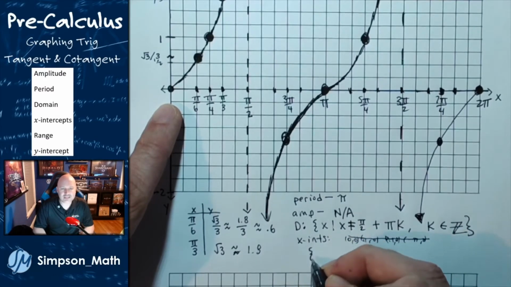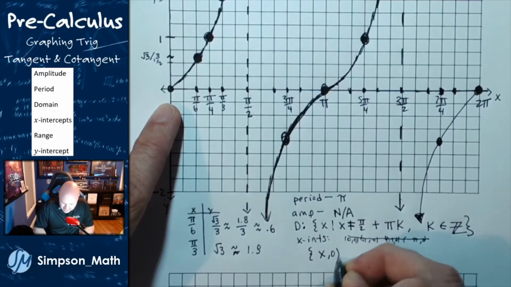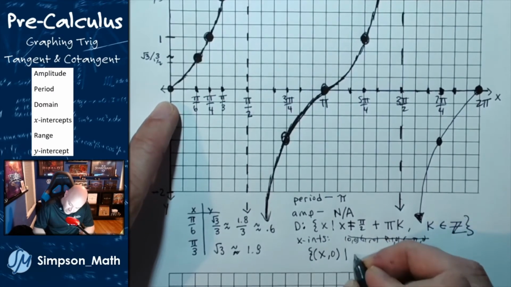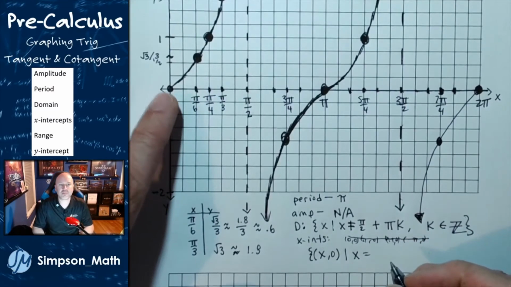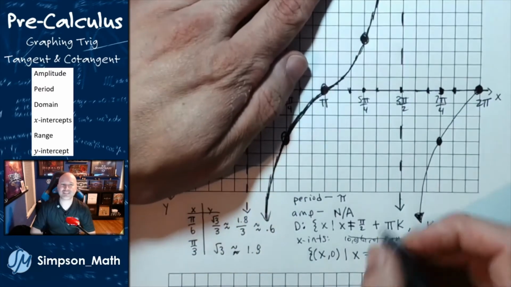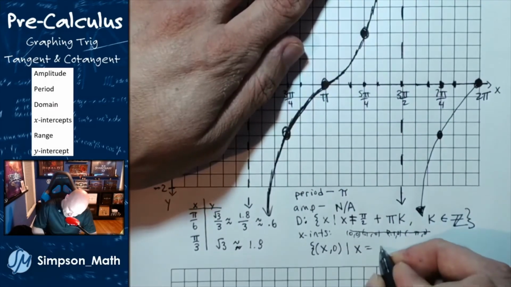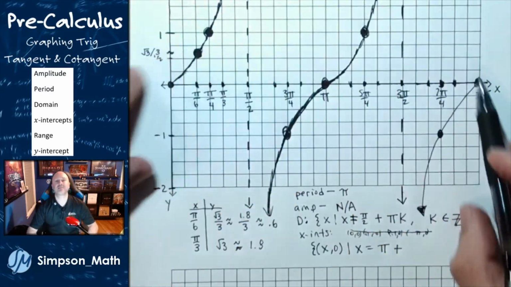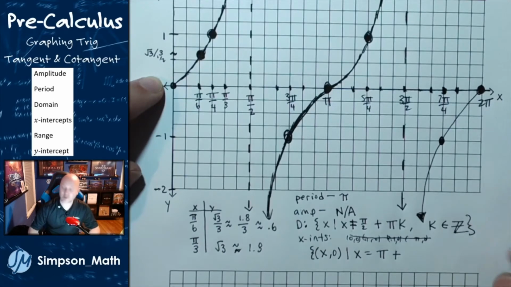How about the set of all x comma zeros, I guess, such that x is, I don't want to list a good one. 0 would be the smartest route, but I'm going to pick a non-smart route. I'm going to say a good one like pi plus the distance to the next good value, or the next x-intercept, which is 1 pi away.